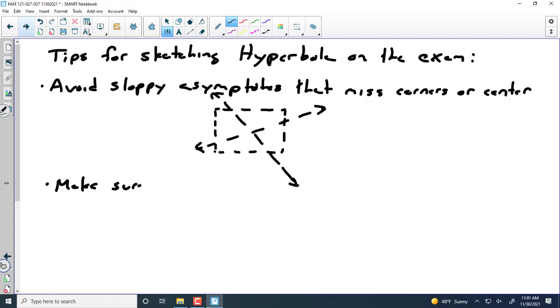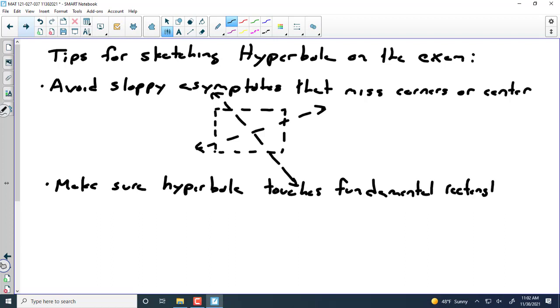Make sure the hyperbola touches the fundamental rectangle at the vertices, but don't enter the fundamental rectangle.